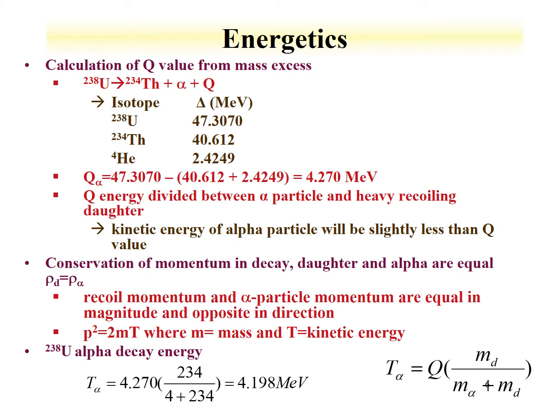We can see that the Q value is 4.27 MeV. Then we can use this to plug into our equation here and calculate the alpha decay energy from the Q value. We see that the Q value is 4.27 and our alpha decay energy is 4.198 MeV.